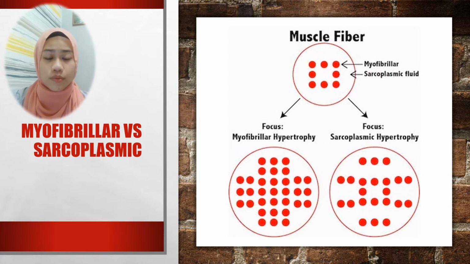Whereas during myofibrillar hypertrophy, actin and myosin contractile proteins increase in number and add to muscular strength, as well as a small increase in the size of the muscle. Sarcoplasmic hypertrophy is greater in the muscles of bodybuilders, while myofibrillar hypertrophy is more dominant in Olympic weightlifters.